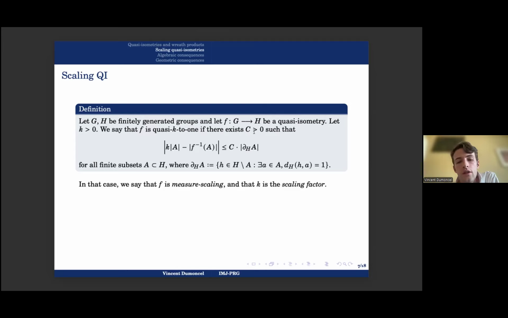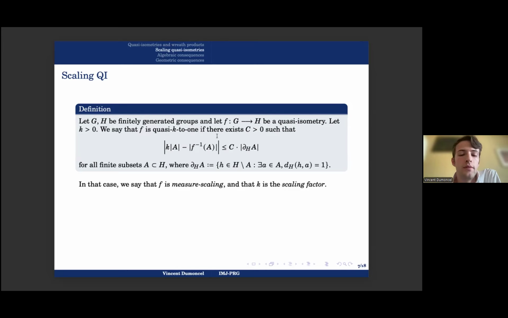So if you can find a constant such that you can control the difference between the cardinality of a preimage of a finite set and k times the cardinality of this finite set. And you can control this difference by the constant you find times the cardinality of the boundary of A.